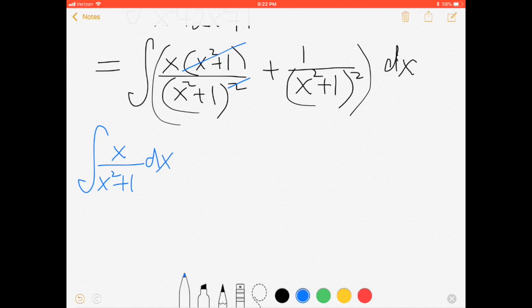I think here we don't need any trigonometric substitution. We can do it very simply because you can use u substitution: u equals x squared plus 1.